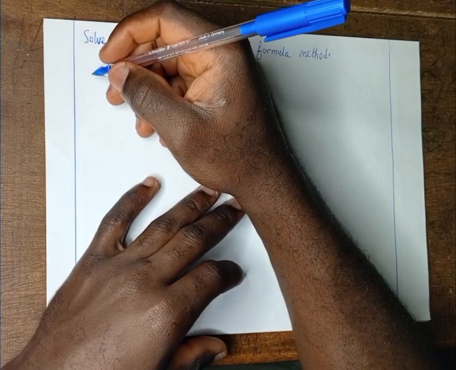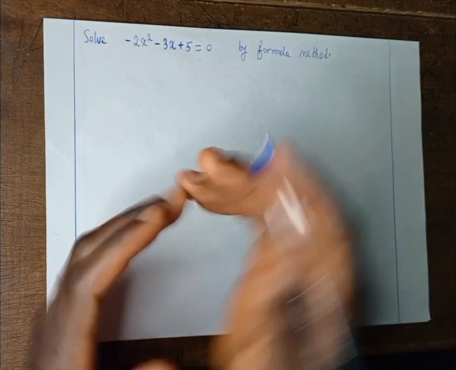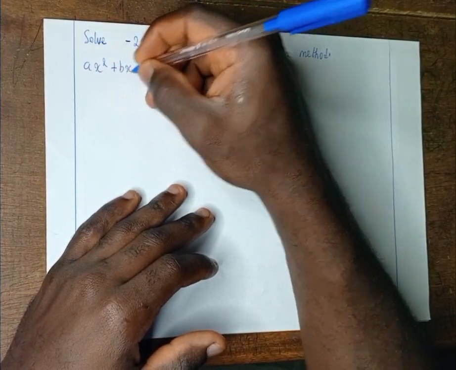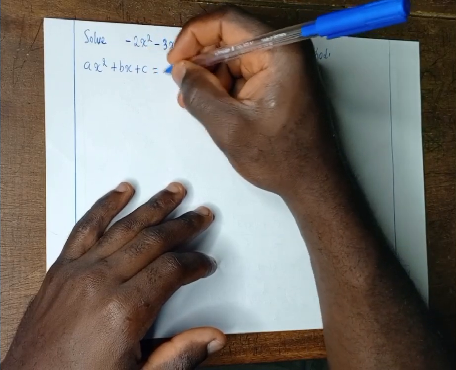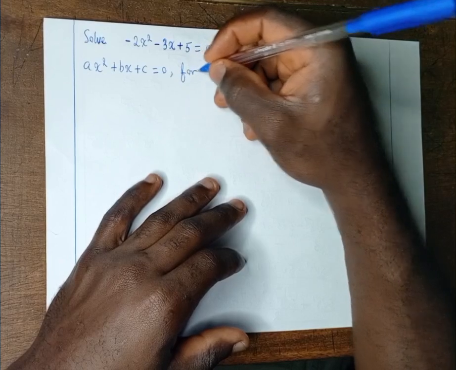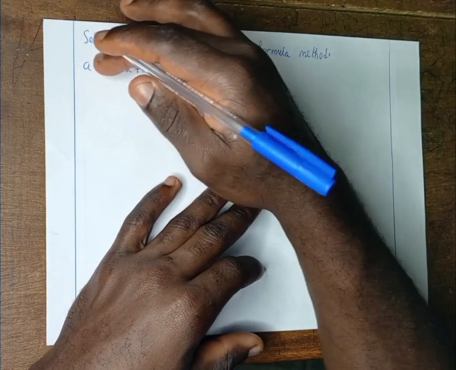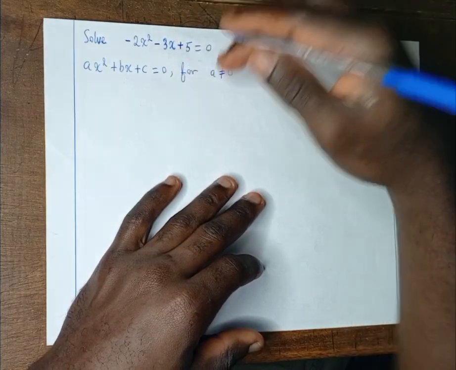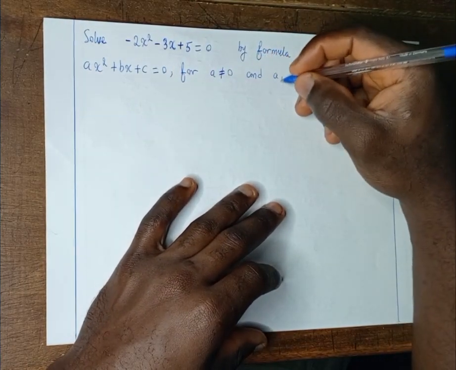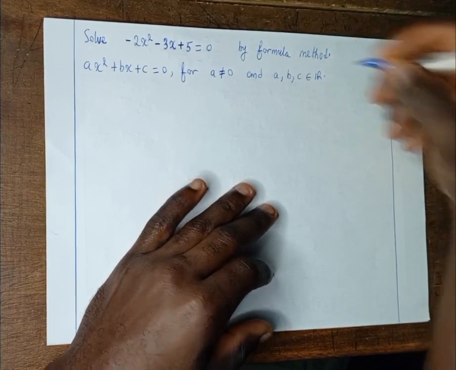We know that for a quadratic equation, if we take the general form, ax squared plus bx plus c equal to 0, for a not equal to 0, because if a is equal to 0, this will go to a linear equation. For a different from 0 and a, b, c being real numbers.